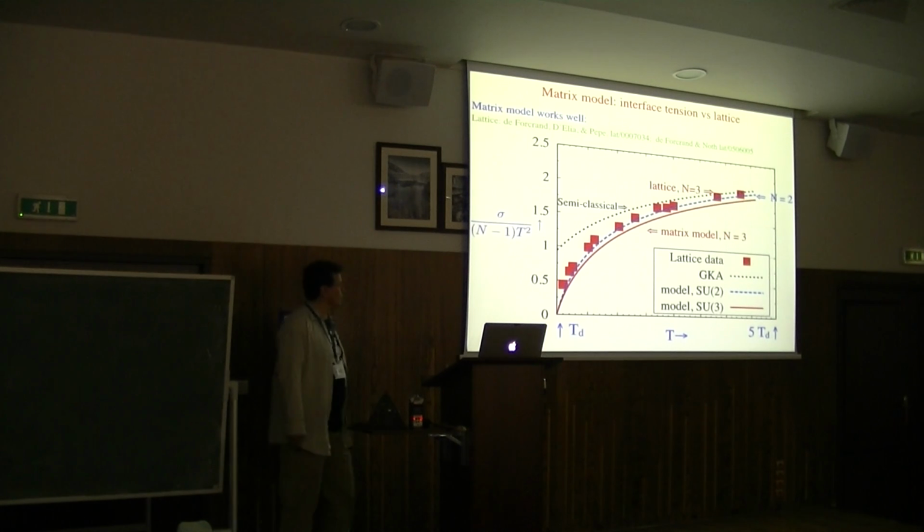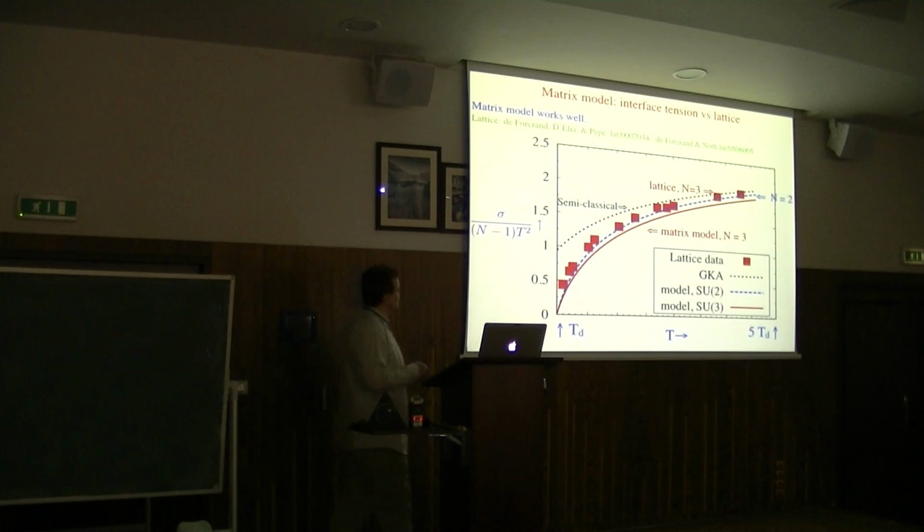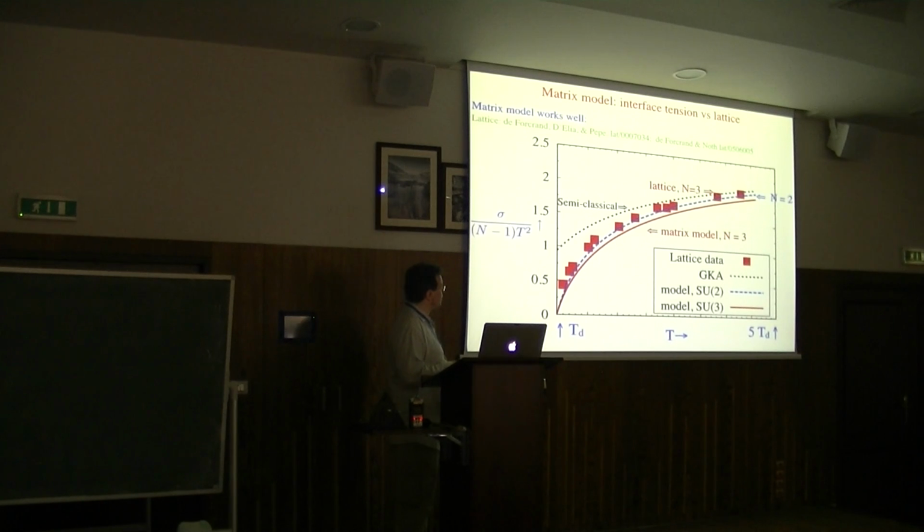You have to do so numerically. You can't find the semi-classical solution so easily, but when we compare to the lattice data, which exists for 2 colors, we get a very good result. In particular, it differs significantly from the semi-classical, particularly as you get near the transition point.